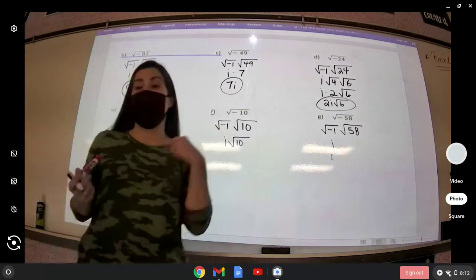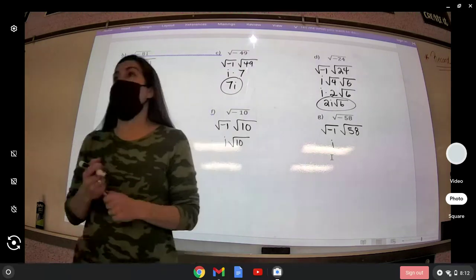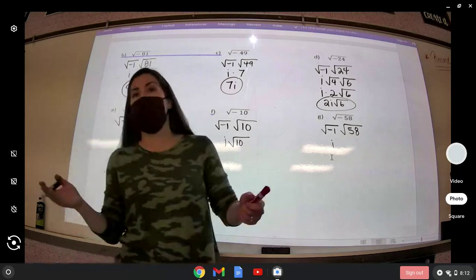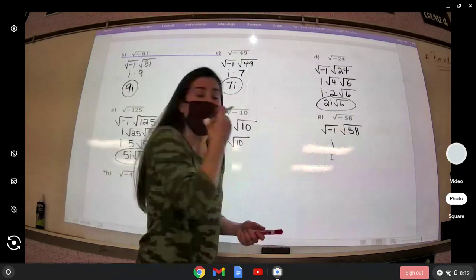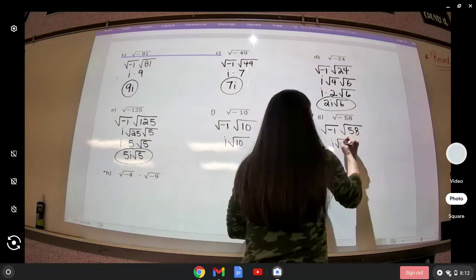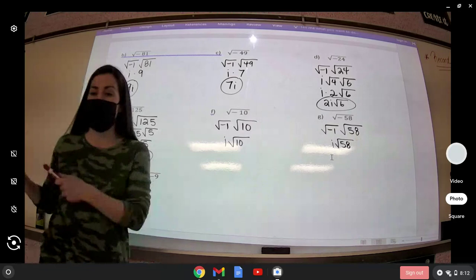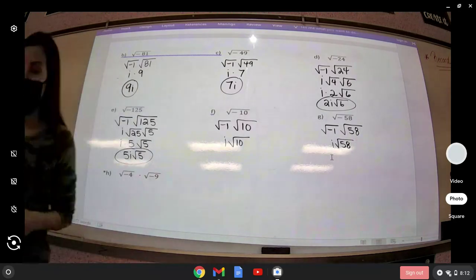But do any perfect squares divide evenly into it? Let's see. What's the closest one? 49, 36, 25, 16, 9, 4. No. So it is a simplified square root as well, and it would just stay the square root of 58. So your answer is i times the square root of 58.